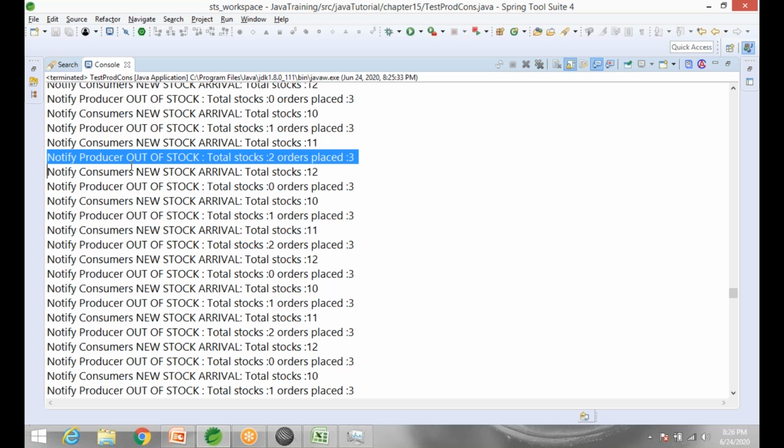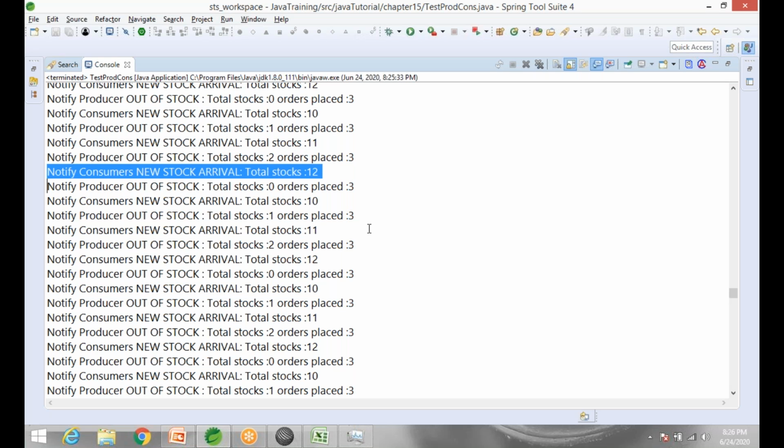When you run out of stock, you notify the producer. The stock is 2 and you need 3 of them. The producer produces and notifies back the consumer. From total stock 2, you add 10 more, it becomes 12.